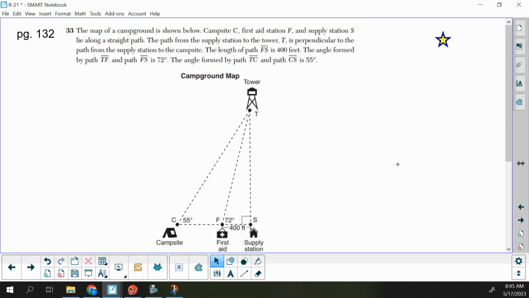I had listed on your calendar that we were starting with question 32, but we had already done 32 the other day. So it's page 132, number 33. That's the first question that we're doing.